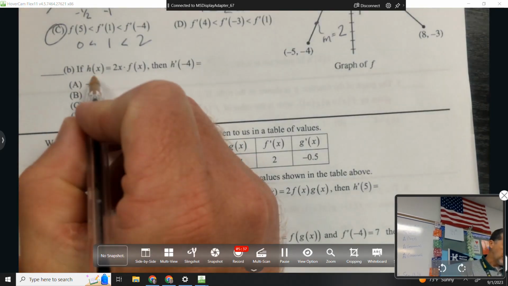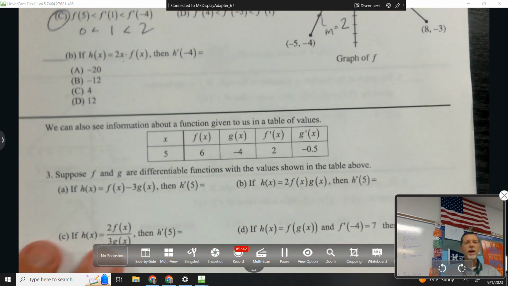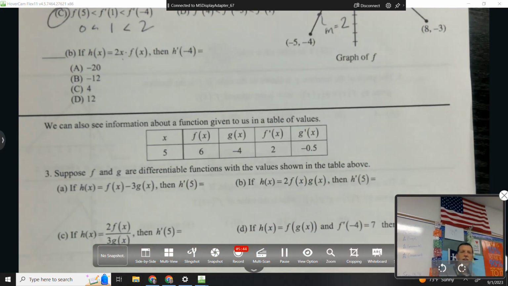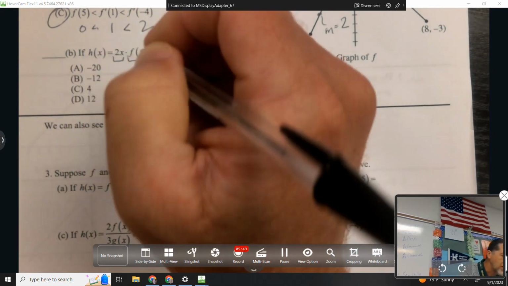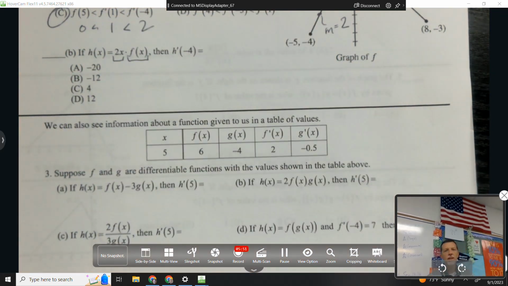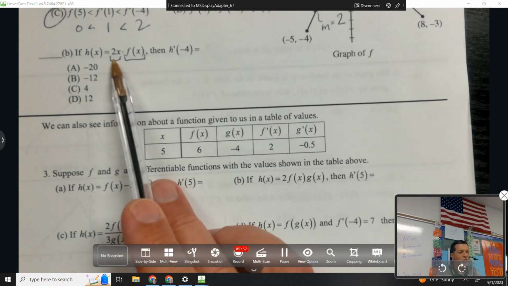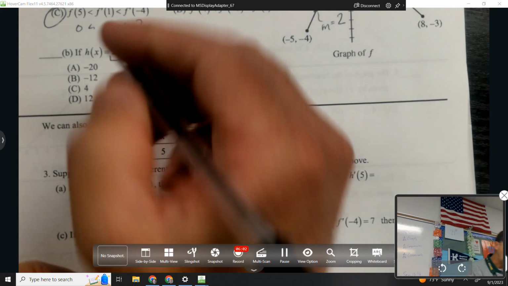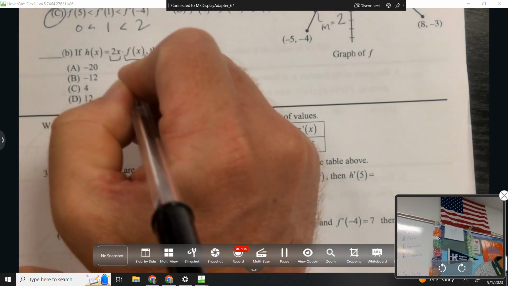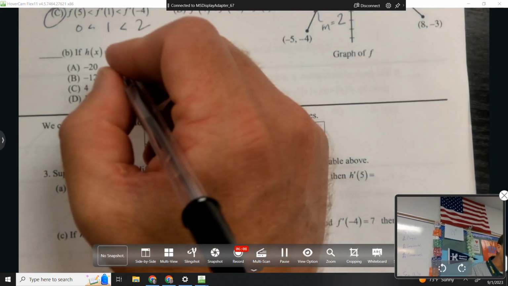Part B, if h of x is 2x times f of x, so what rule are we going to have to use here? 2x times f of x. That would be the product rule. I should be very careful about labeling these f and g. I certainly don't want to label the first one f and the second one g, because then I'm really confused on who's who. I think I'll just try to do it in place, because I know that the product rule is one of them times the derivative of the other.